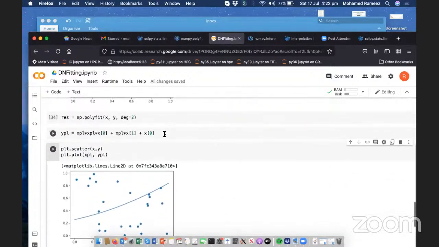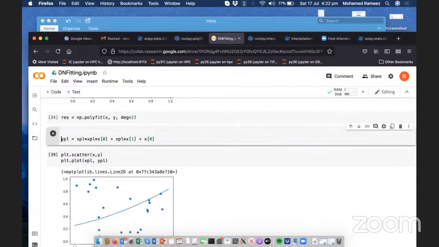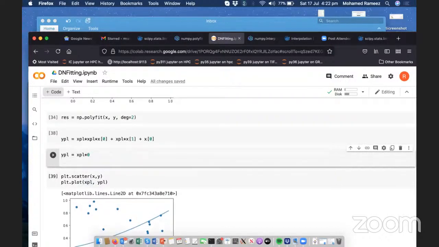So to do that, I am going to use a for loop because I need to. I will use ypl equals xpl star 0. Watch what I do carefully, and I will explain it to you multiple times after this.